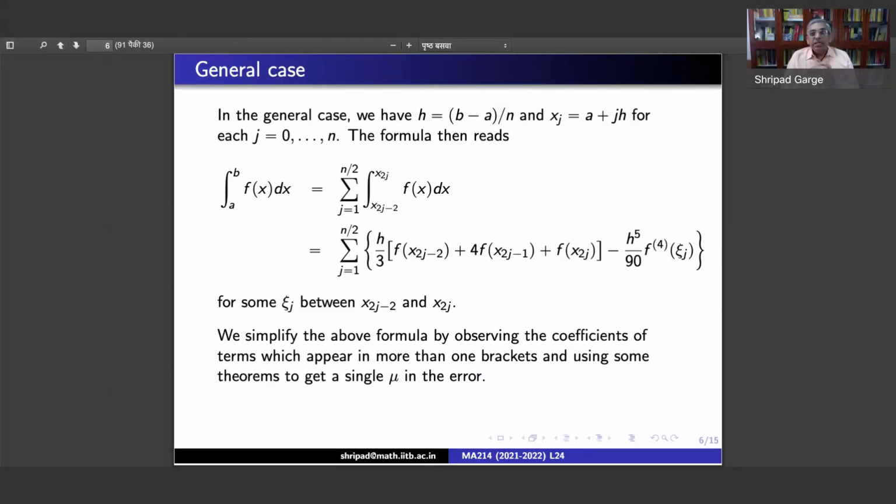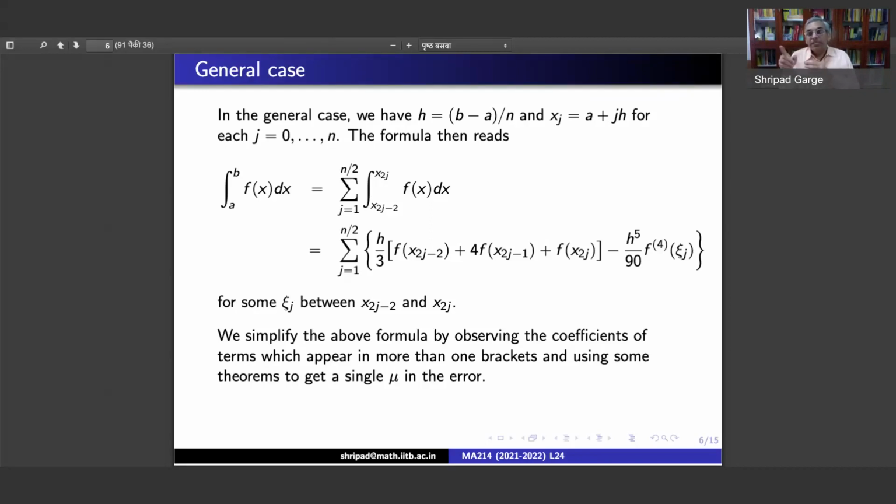For the even ones, the very first one will have coefficient 1, the end one will have coefficient 1. But for instance, f of x2 has to come with multiplicity 1 for the interval x0 to x2 and also for the interval x2 to x4. So it will come with multiplicity 2 in the final formula. So we are going to look at all those which will come with the same coefficients and collect them together to write down the final formula.